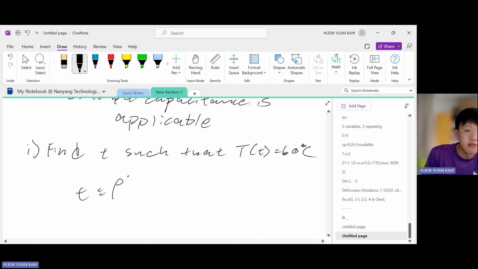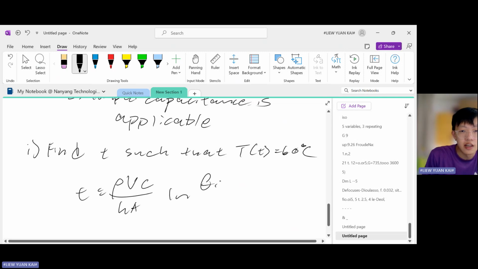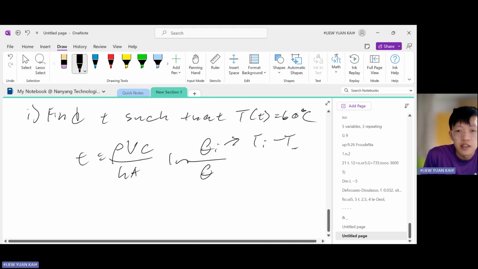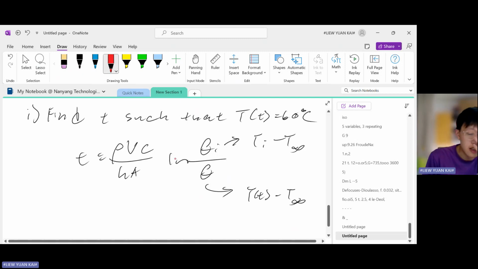The time is given by rho V C over H A times ln of theta i over theta. Theta i is defined to be Ti minus T infinity, and theta is given by T of t minus T infinity. Actually, the theta in the denominator is a function of time.